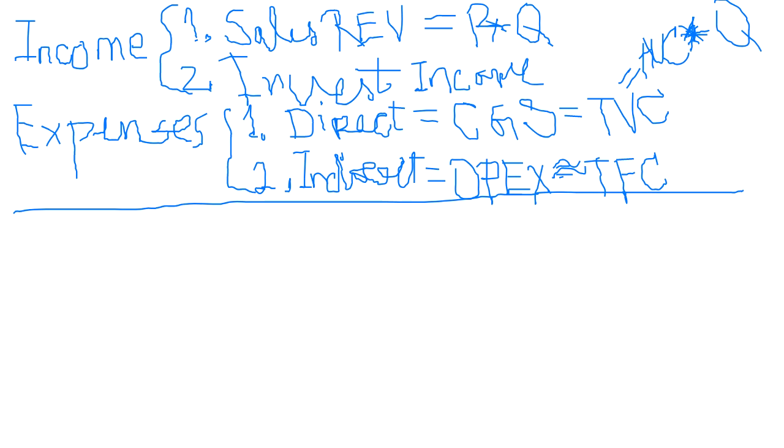So suppose the company increases the production by double. In other words, the company doubles the production level.